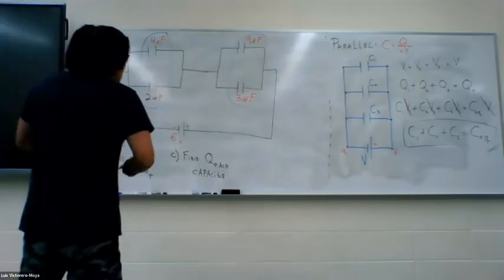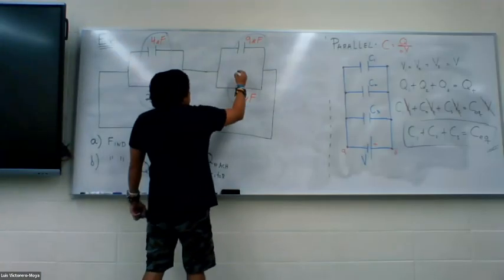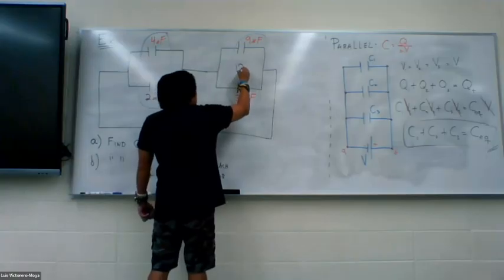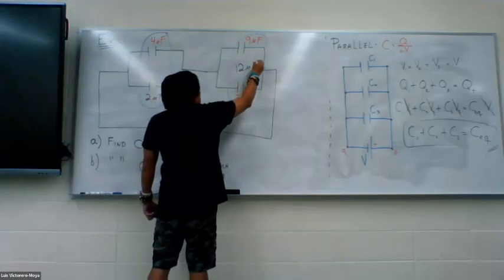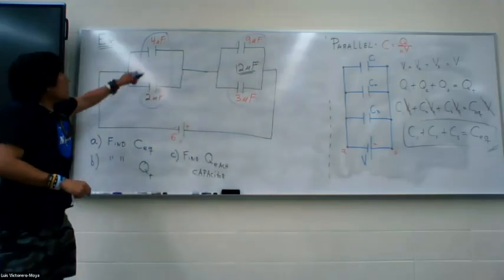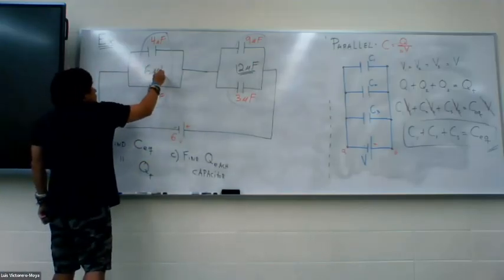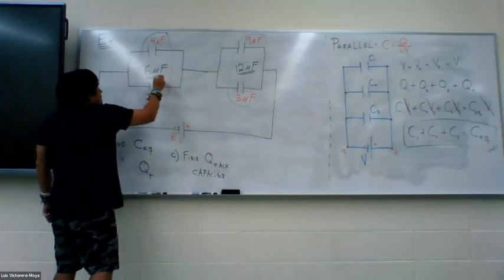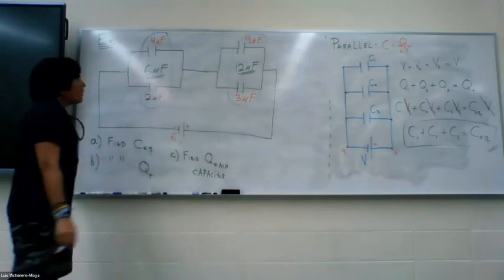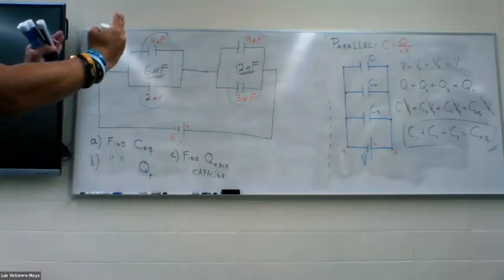So your 9 and 3 basically combine into a 12 microfarad, and your 4 and 2 into 6. You have a 6 and a 12. And as you can see, they both are now in series.